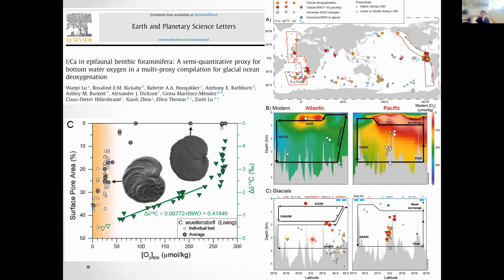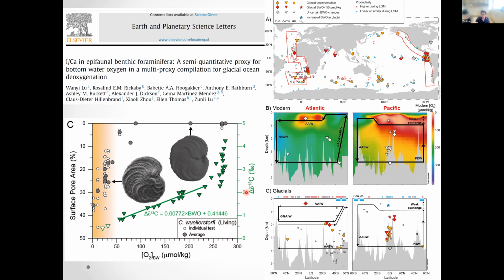One of my PhD students combined iodine-calcium with more foram proxies. In this case, what you're looking at is the modern calibration. You have the bottom water oxygen plotted on the x-axis, and then you have this C13 gradient proxy.